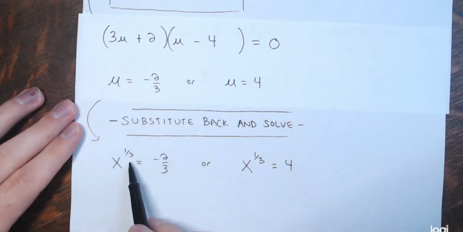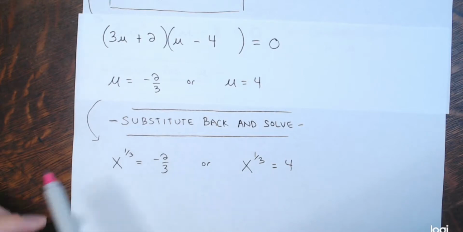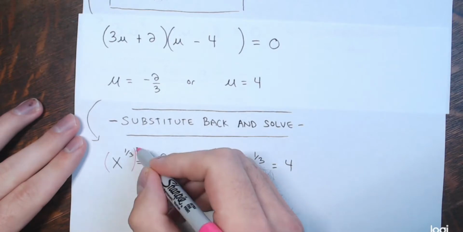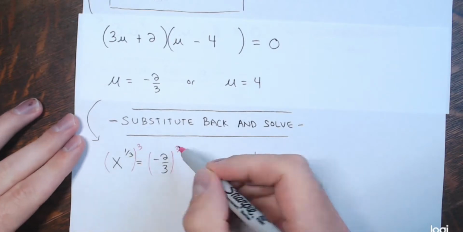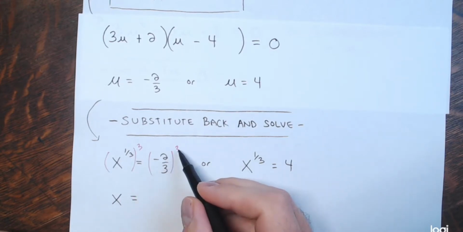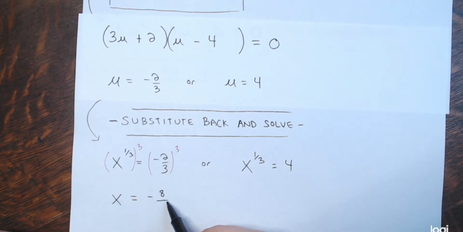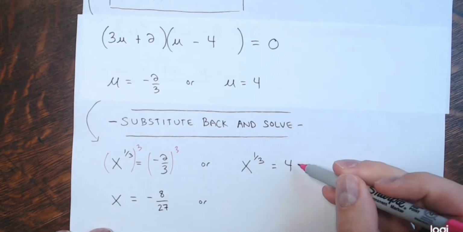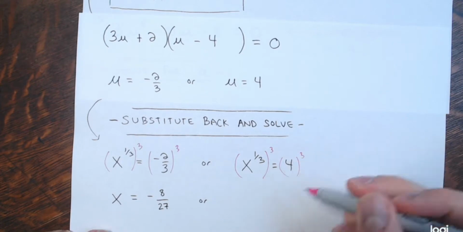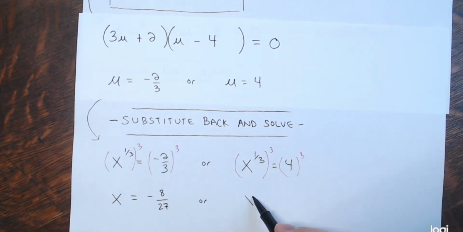Now if you want to undo the 1/3 power, remember this is like the cube root, just raise both sides to the 3rd power to get x alone. Negative 2/3 to the 3rd power would be negative 8/27. And then same thing here, the cube root of x equals 4. Raise both sides to the 3rd power. You get x equals 4 to the 3rd, which is 64.